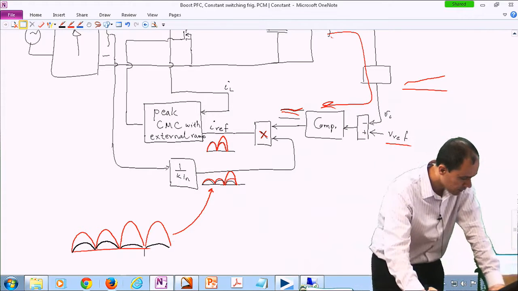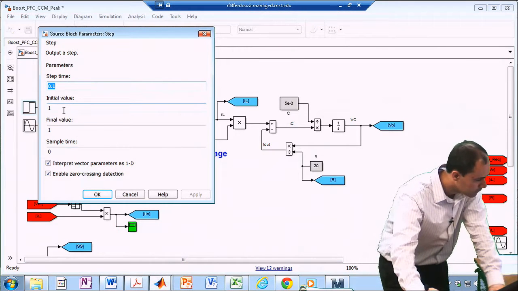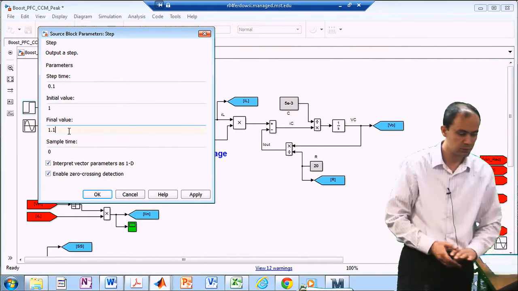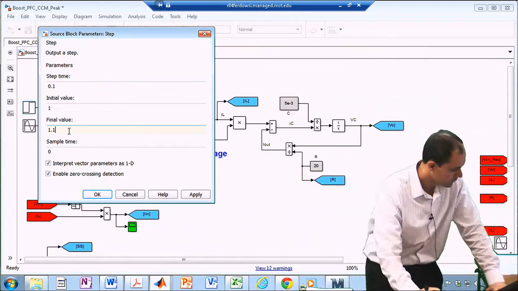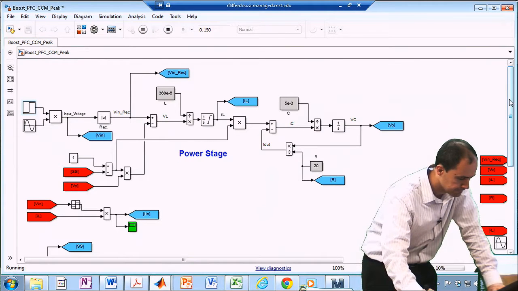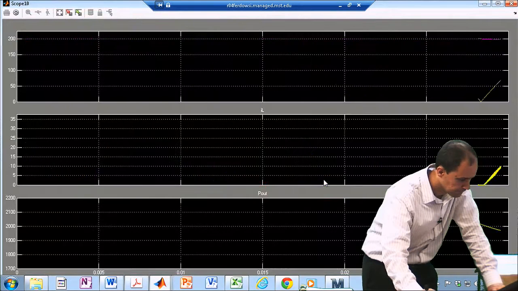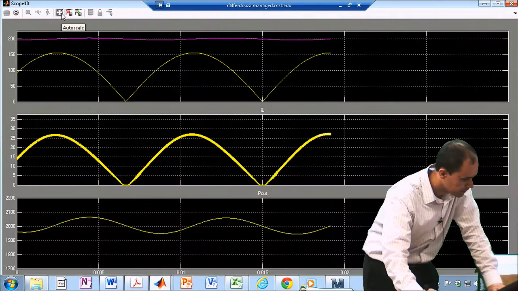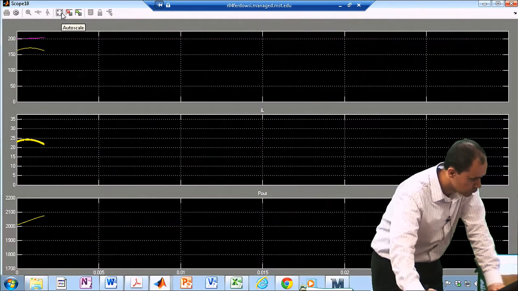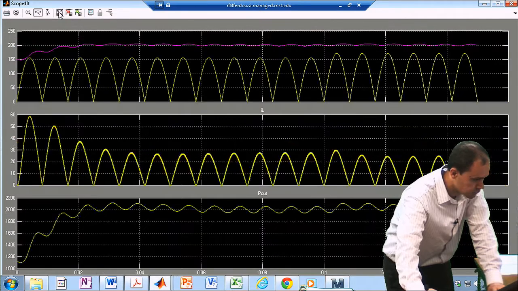So let's see how big of a problem this is when, in an exaggerated way, I jump from a factor of 1 to 10% extra input voltage, okay?